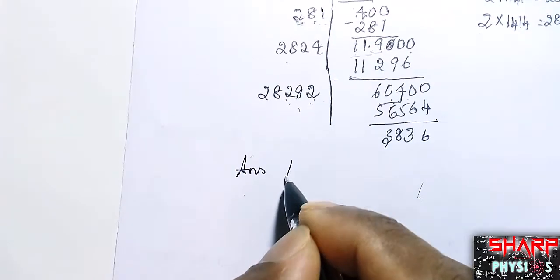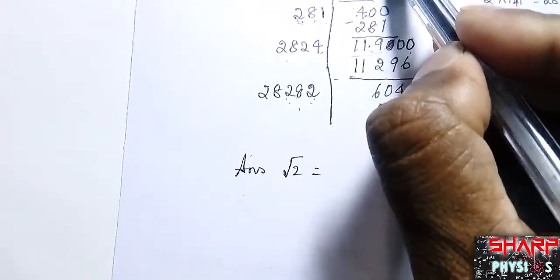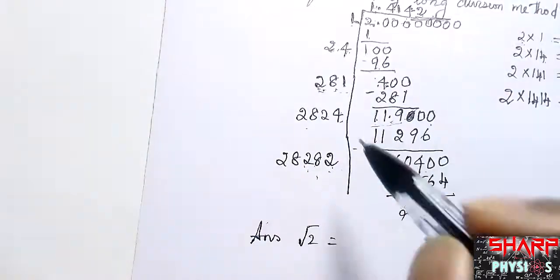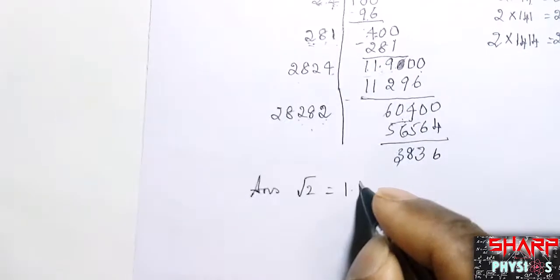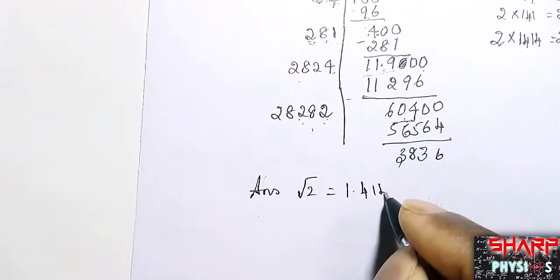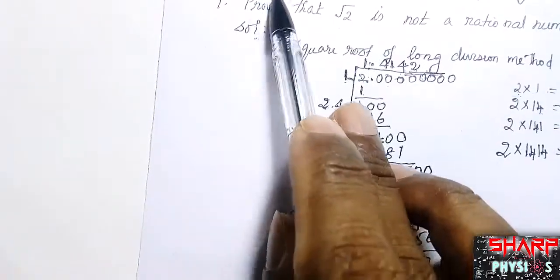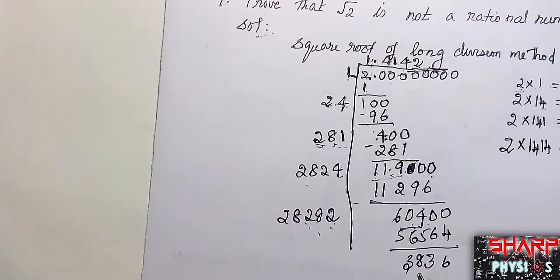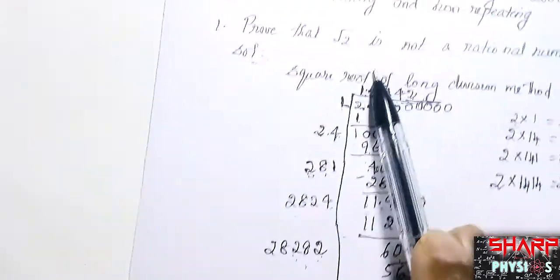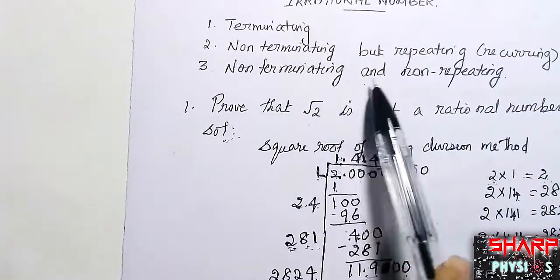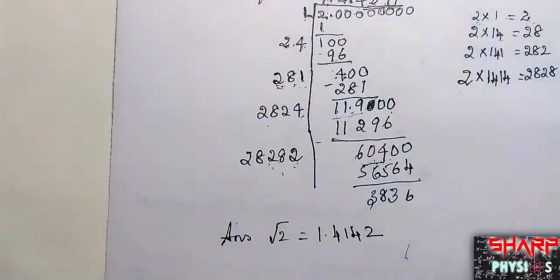The answer for root 2 is equal to the above one, 1.4142. So the condition is satisfied. It's not terminating, and it is also not repeating. It keeps on going like this.